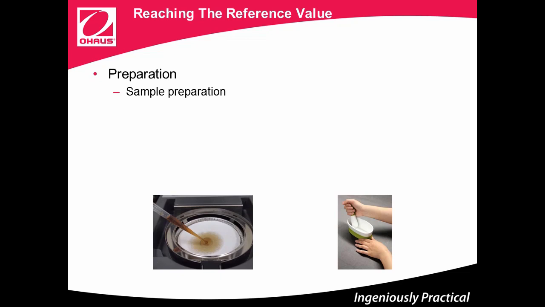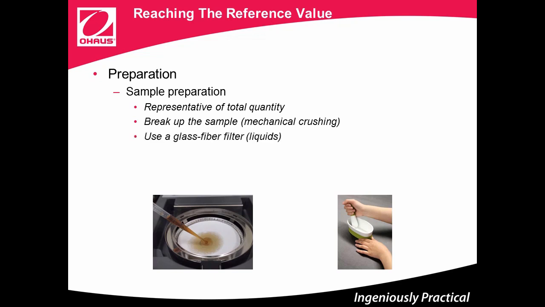The following are some tips to help you improve your sample preparation. It's important that the sample being investigated is representative of the total quantity. Break up the sample by crushing it. Use a glass fiber filter for liquid samples. Take care not to allow the sample to heat up. And be sure to complete the process quickly, since moisture will evaporate during the process.